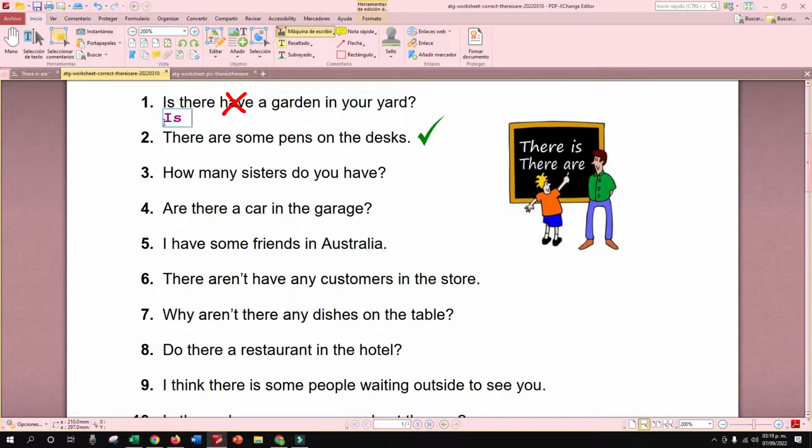Look at this one. Is there a garden in your yard? So, that is the correct one. What about the second one? There are some pens on the desk. ¿Ven ustedes algún error?